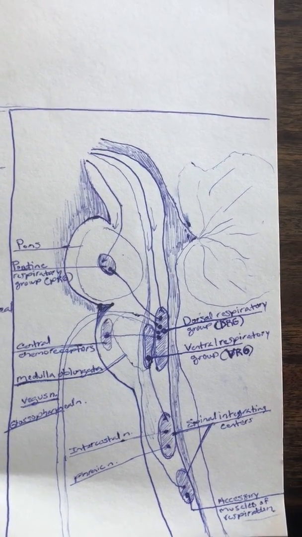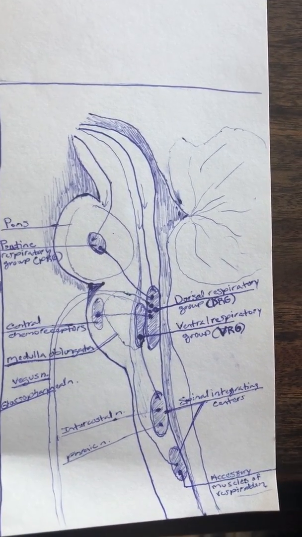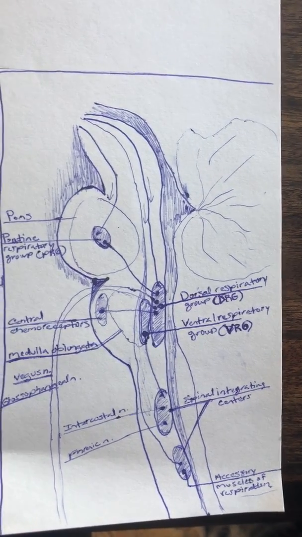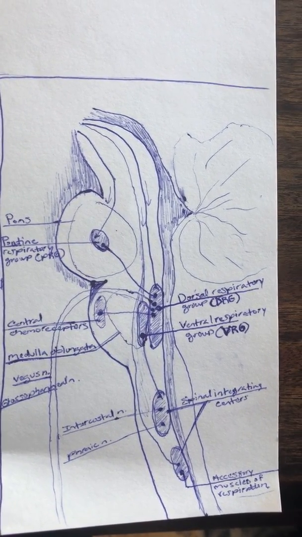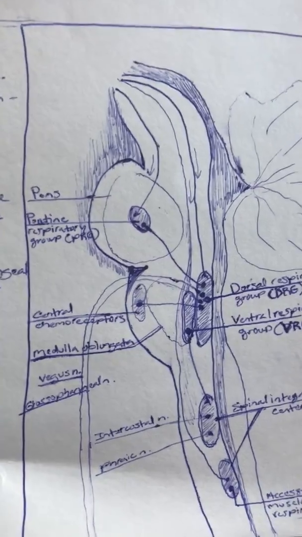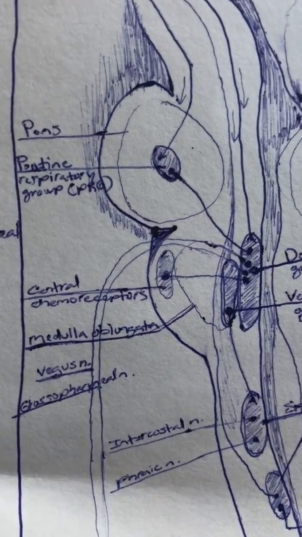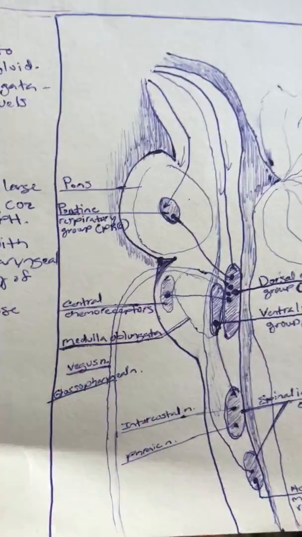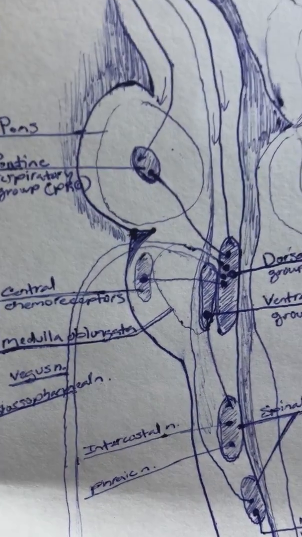The vagus and glossopharyngeal nerves bring sensory impulses to the DRG from the lungs and airways, and the peripheral chemoreceptors, which we talk about over here.